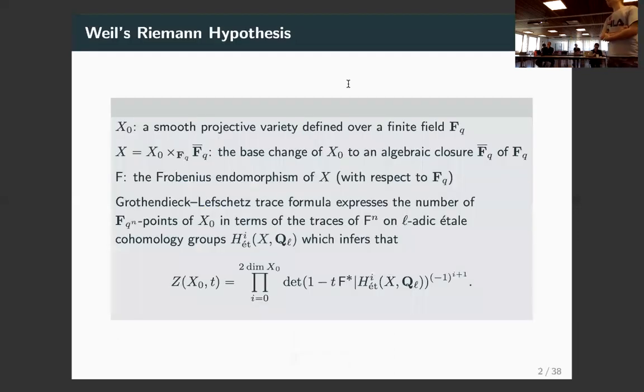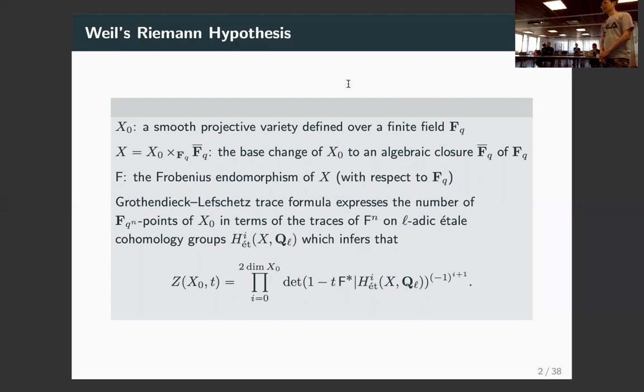So first of all, let me recall what the Riemann hypothesis is. Say X0 is a smooth projective variety over a finite field F_q. Then let X be the base change of X0 to the algebraic closure F_q bar, and let F be the Frobenius endomorphism of X with respect to F_q.